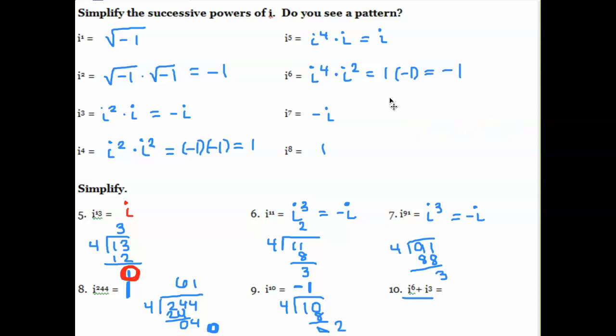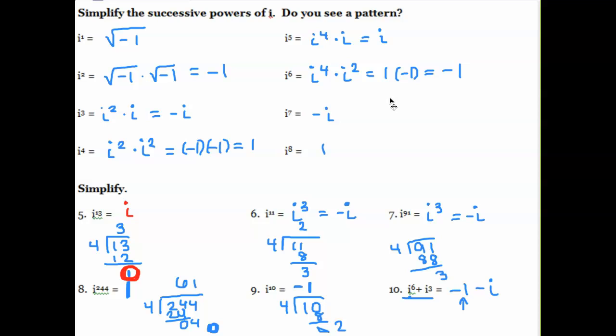So what you have to do is simplify all the parts of i separately. So i to the 6th is negative 1. i cubed is negative i. So i to the 6th plus i cubed is negative 1 minus i.